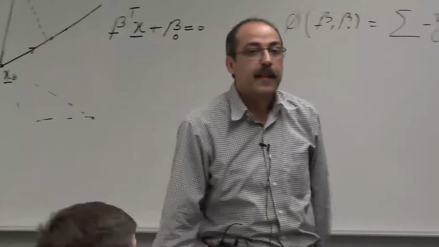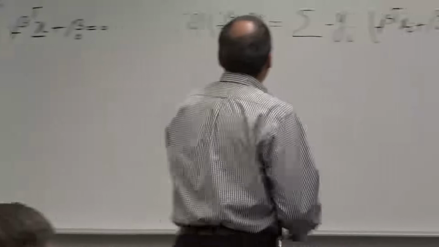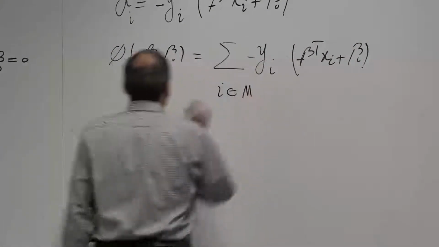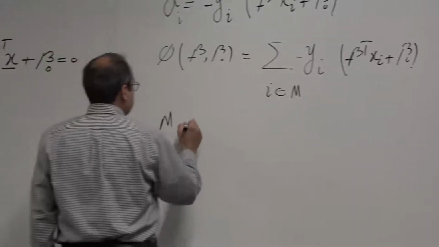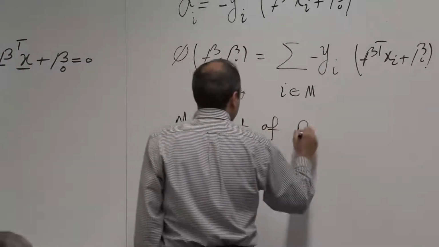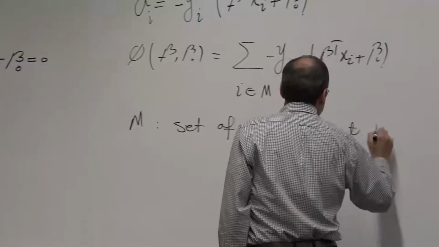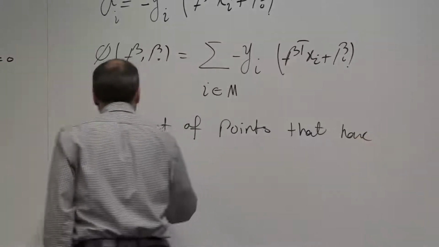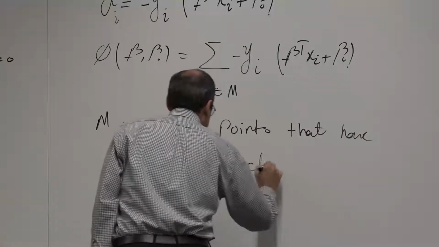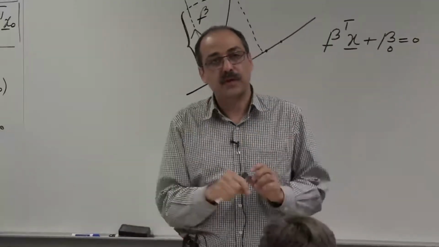So the summation is over all points? Over all points that have been misclassified, in the set M. M is the set of points that have been misclassified. Not all points, only misclassified ones.